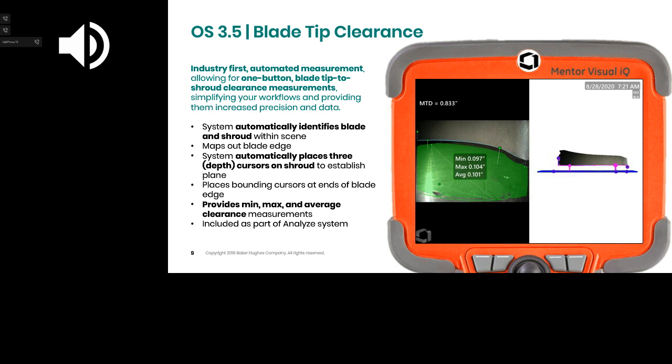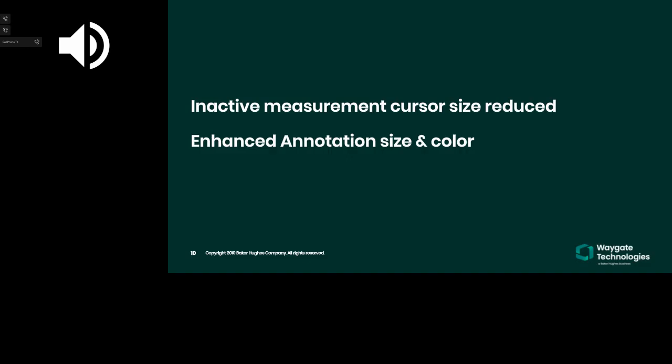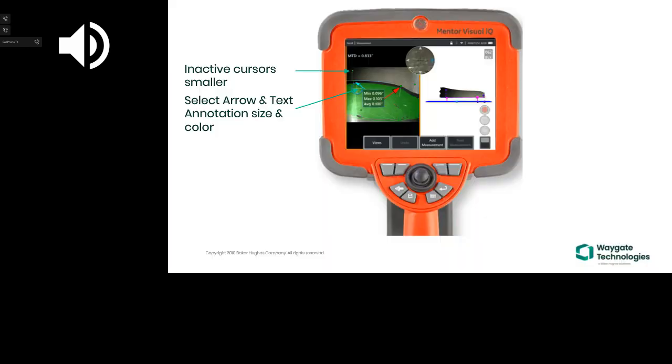And then what often happens when you're looking at a screen, there can be a lot of data on the screen. And so we've changed the inactive cursor size to be smaller. You can still see them anchored on the screen, but they're smaller so they're not cluttering up the screen. However, in this blade tip clearance, you see that I have a green arrow pointing to the smaller cursor on the left of the screen. That's the minimum value. Well, I've had the ability to put that green arrow in that color, whereas the red arrow is the maximum separation.